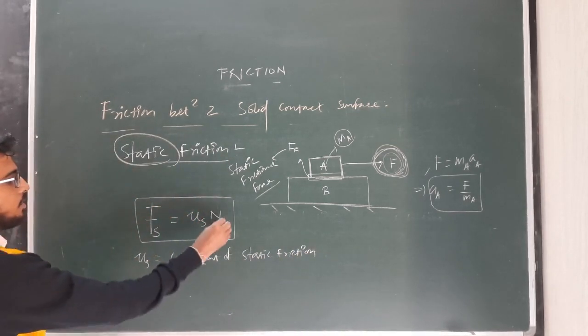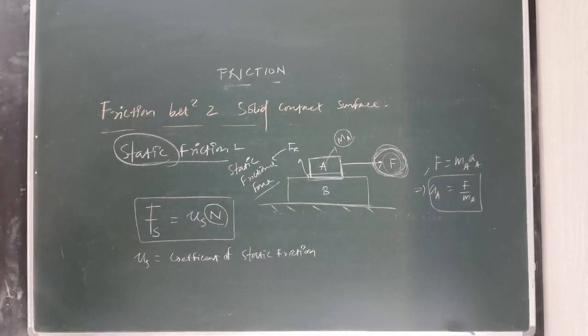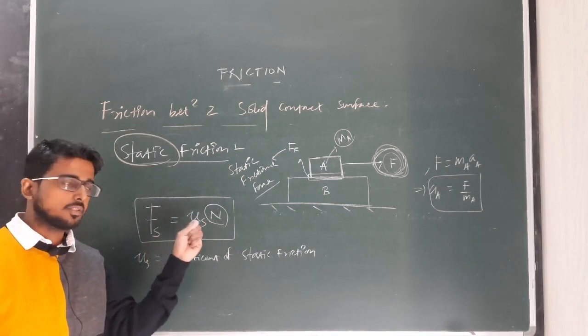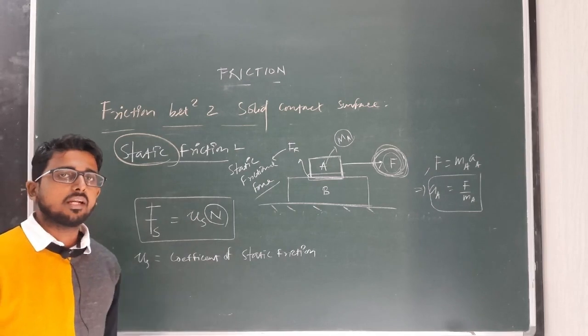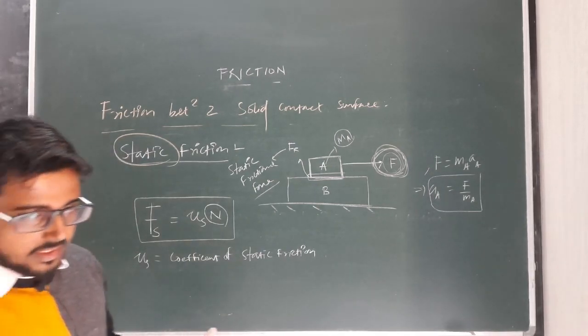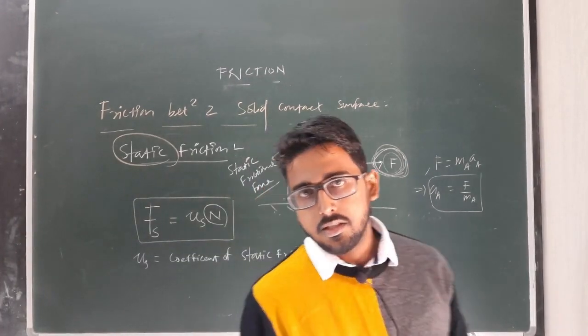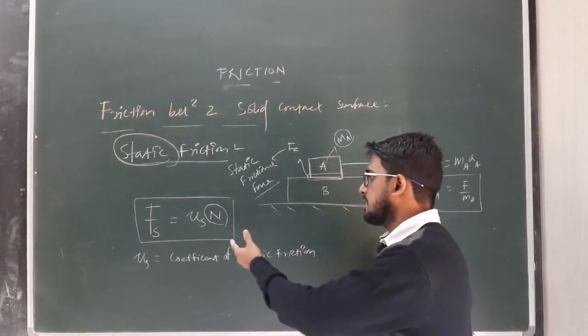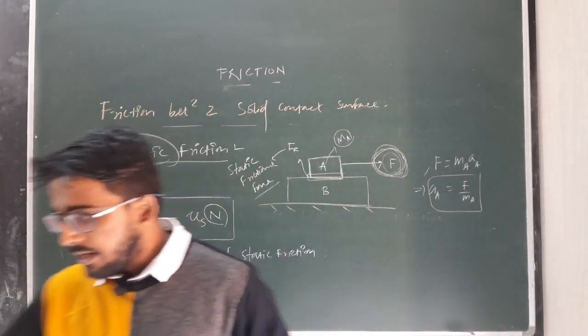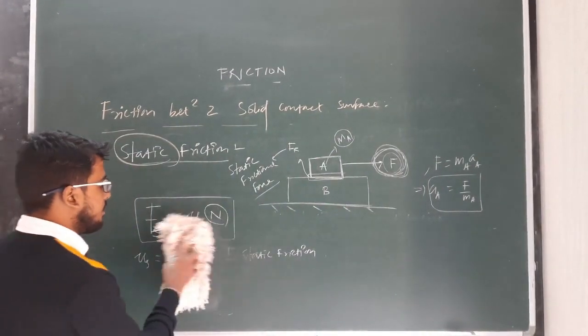Okay, and we already know N is the normal reaction force, and as both frictional force and normal reaction are forces, mu s is a unitless and dimensionless constant. Clear? So now we already studied what is kinetic friction, how to find the direction of kinetic friction, and what is static friction. Now we have to study how to find the direction of static friction.